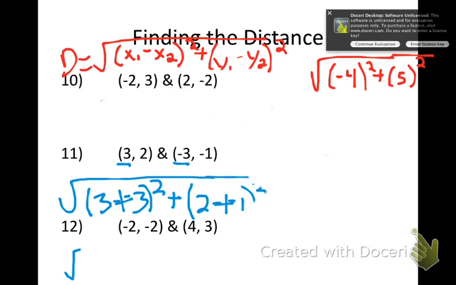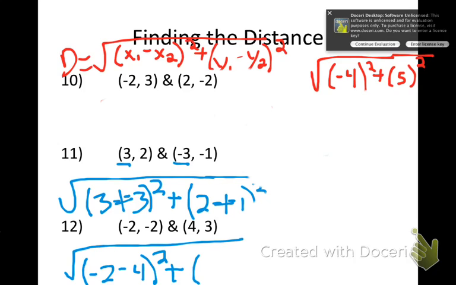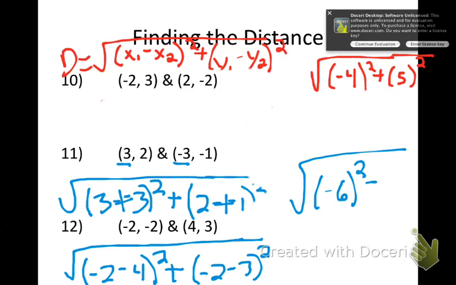What are my x values in that problem? Hannah, what are the x values? So negative 2 minus 4 squared plus, what are my y values, Troy? Negative 2 minus 3 squared. Okay, what's negative 2 minus 4 going to get me, Camden? Negative 6. So I get negative 6 squared plus negative 2 minus 3 is what, Jack? Negative 5 squared.